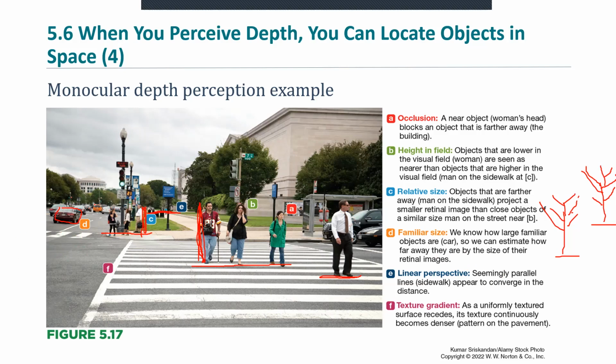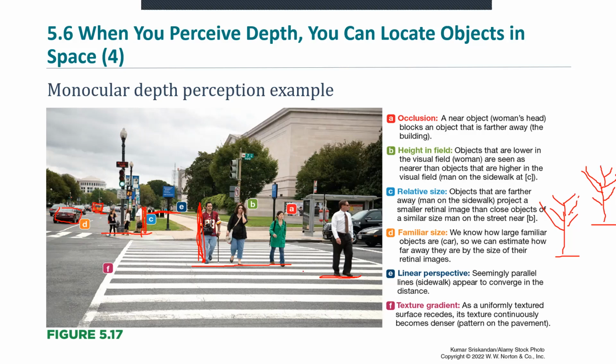If it makes a smaller size, like this orange car back here, that would make a smaller size on our retina, so that one must be farther away. When you know how big something is, the size that it appears tells you how far away it is.